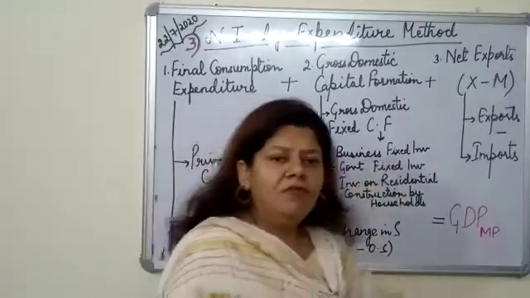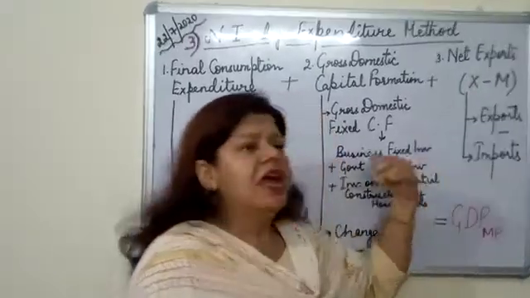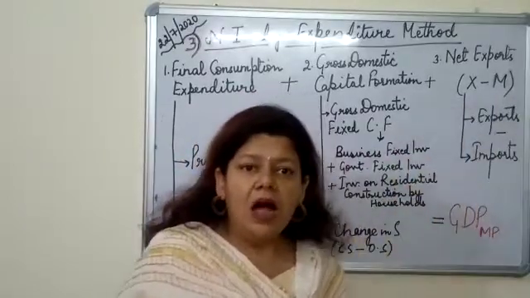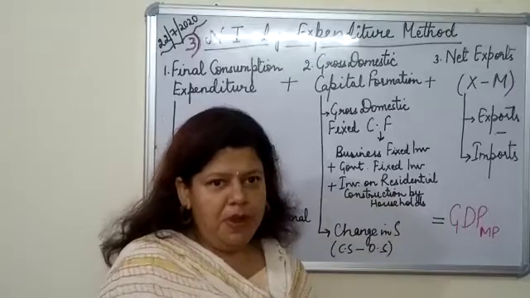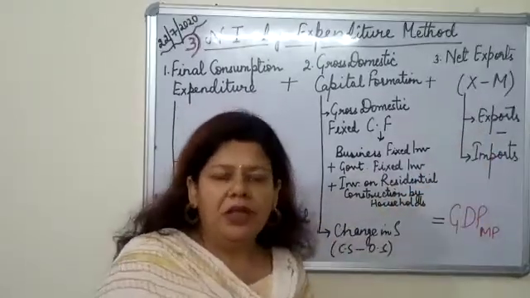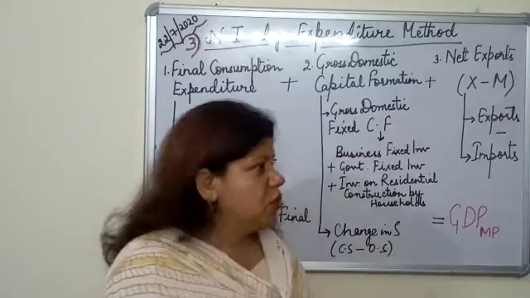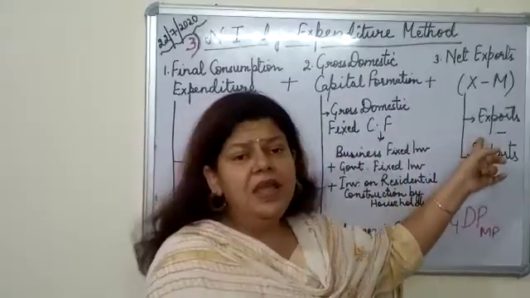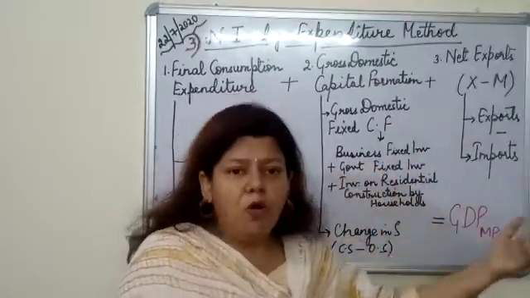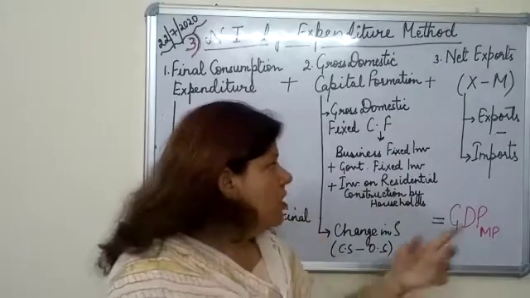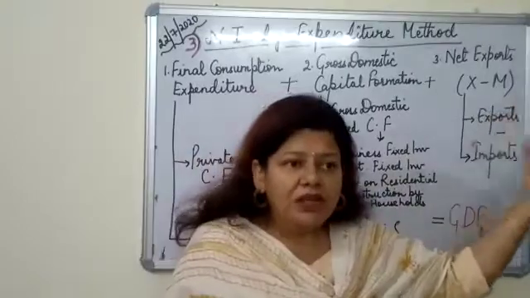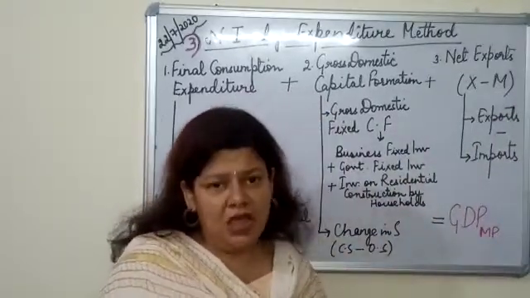Now the producers are exporting goods, and the exports are taken by people of other countries, so that becomes exports. And imports are when we import final goods and services. When there are exports, expenditure increases, because people abroad are doing consumption expenditure and giving us the money.